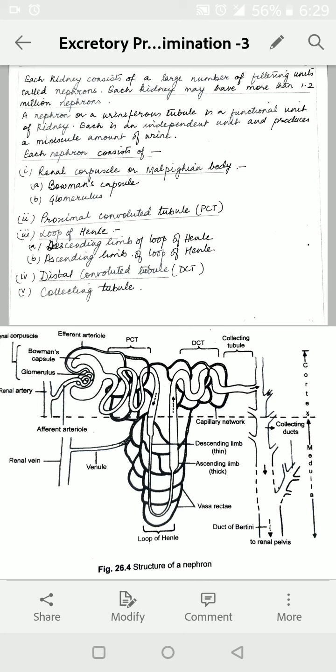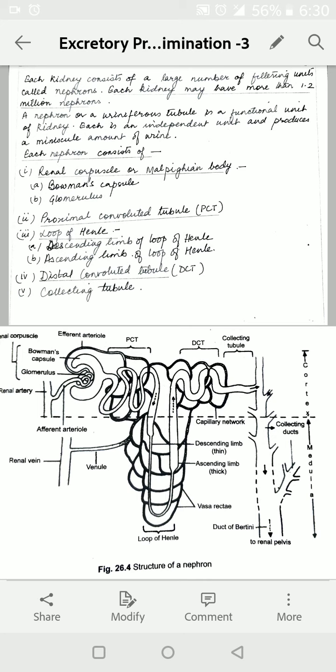Then coming to the PCT region, that is the proximal convoluted tubule. This is the first coiled tubule that leads from the renal corpuscle, and it is twisted around itself, present in the cortex region. It is lined with a cuboidal epithelium, and the cells have numerous microvilli to increase the surface area.